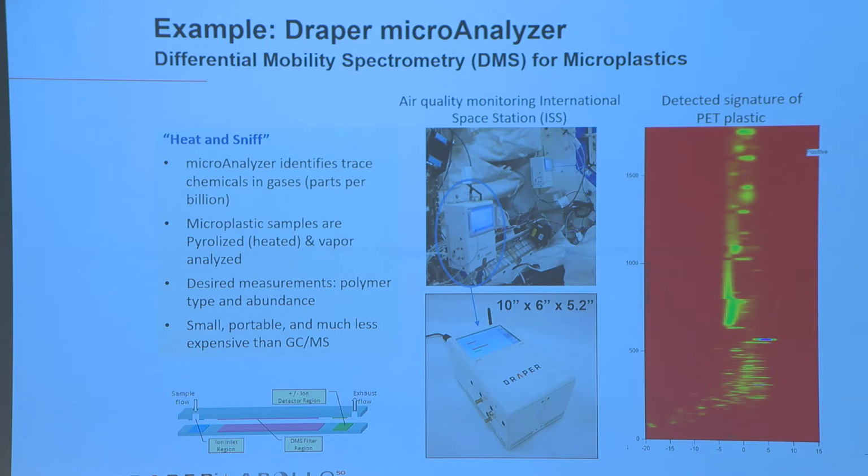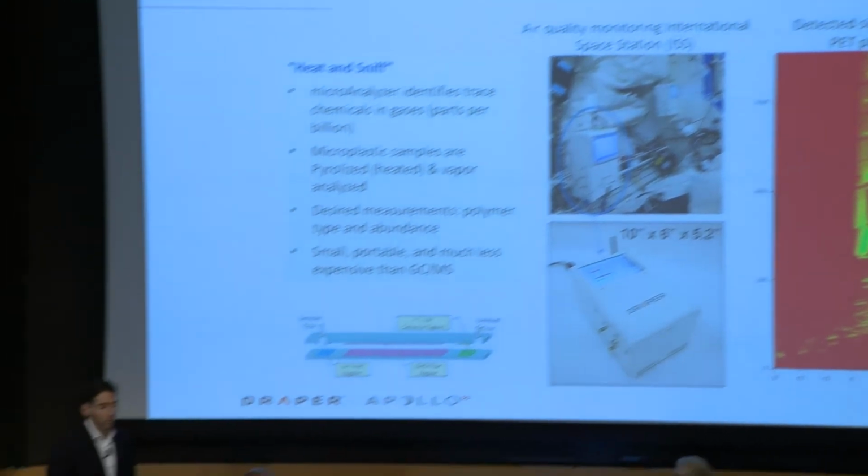The system is used now on the International Space Station to monitor the air. I think it's been up there for about a decade, and it's been a very, very reliable system. And so we've recently integrated that with a pyrolysis system, and the plot on the right there is an example of what we see with one plastic, which is PET, the plastic bottle material, polyethylene terephthalate.